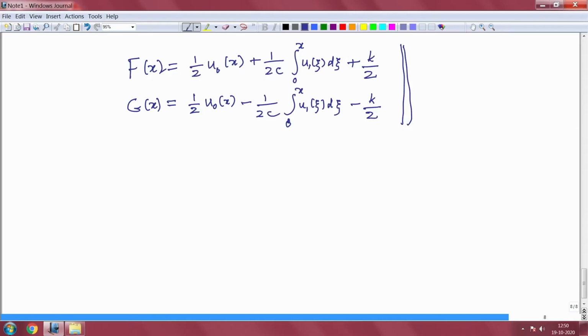Okay, now we go back to the general formula and find out the solution for the wave equation. Therefore, u(x,t) is f(x plus ct) plus g(x minus ct). Now I have expressions for f(x) and g(x). So, I just have to replace x by x plus ct and x by x minus ct.